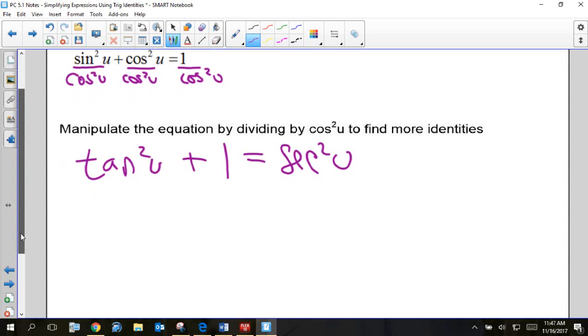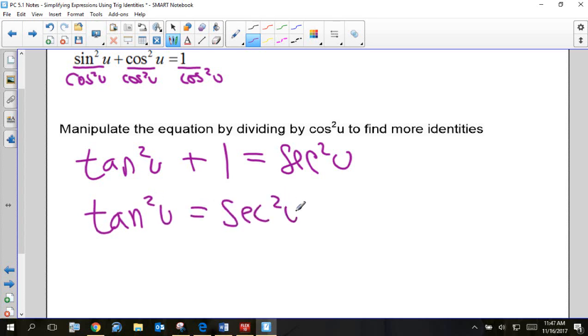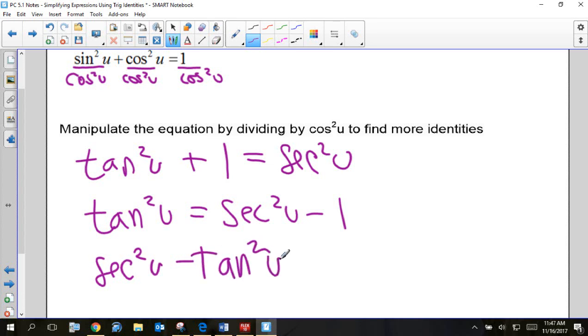So I'll subtract 1 from both sides, and I'll get tangent squared u equals secant squared u minus 1. Or I'd subtract tangent squared u from both sides, and I get secant squared u minus tangent squared u equal to 1.